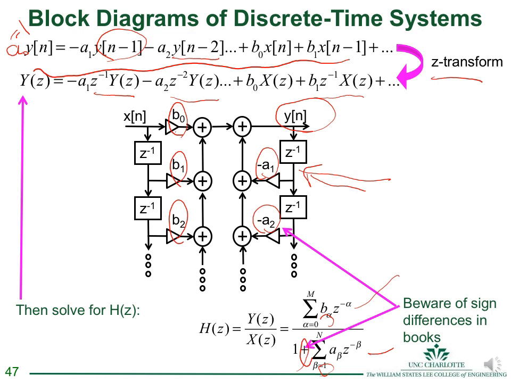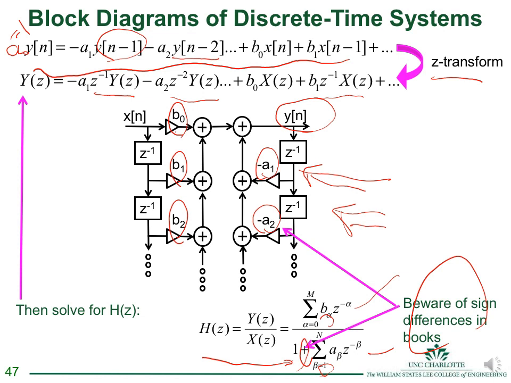In some textbooks, they will use positive values in a block diagram, in which case you might see a negative sign here in the denominator, 1 minus that summation. So be very careful, depending what books you use, to see which notation is used in the definition of H of z and in the block diagram, whether there's a sign change in the feedback.